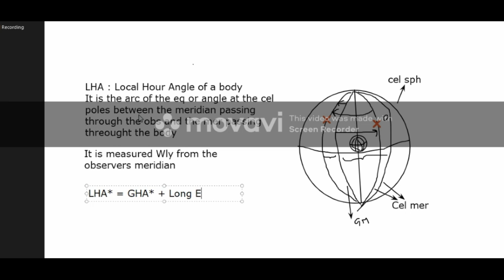Because now the observer you brought on the celestial meridian, no? And therefore we can say LHA star is equal to GHA star minus longitude west. Same way, now you don't have to put it on the diagram.